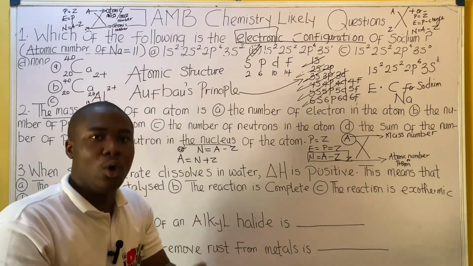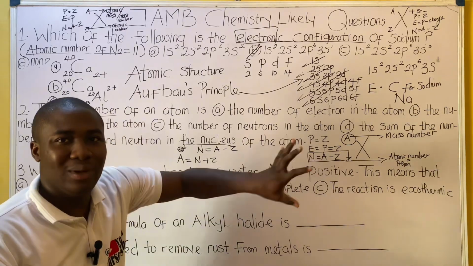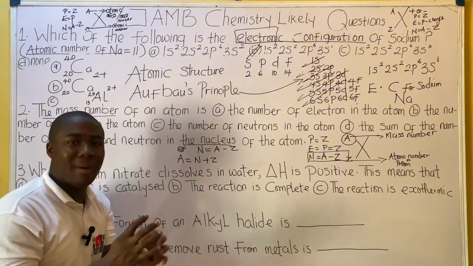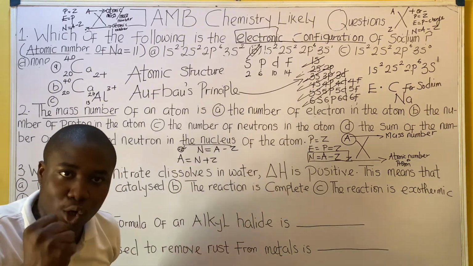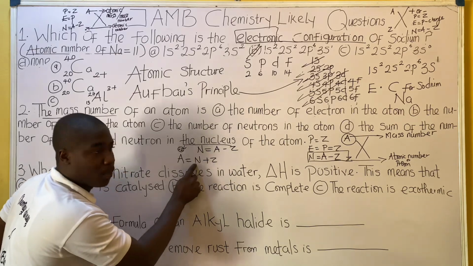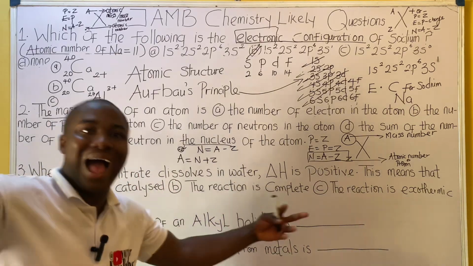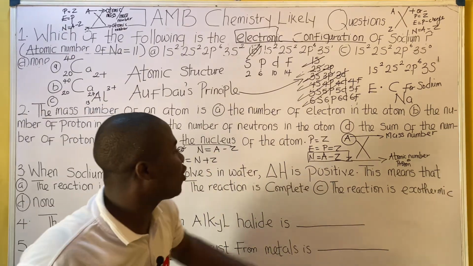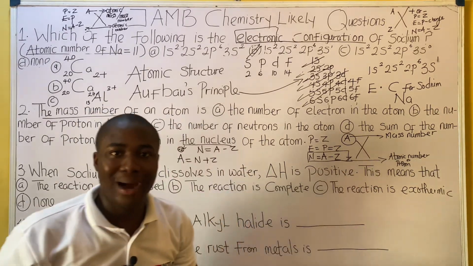Are you there? So now, without even looking at the options, we can know what mass number is. Mass number is going to be the sum of neutron number and Z, and this plus means you are joining something to yourself. What's Z? Z is called the atomic number or proton number.